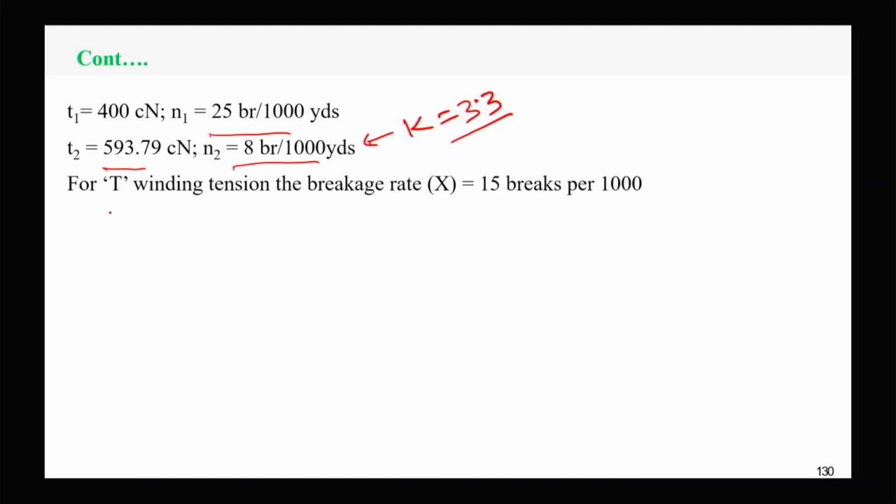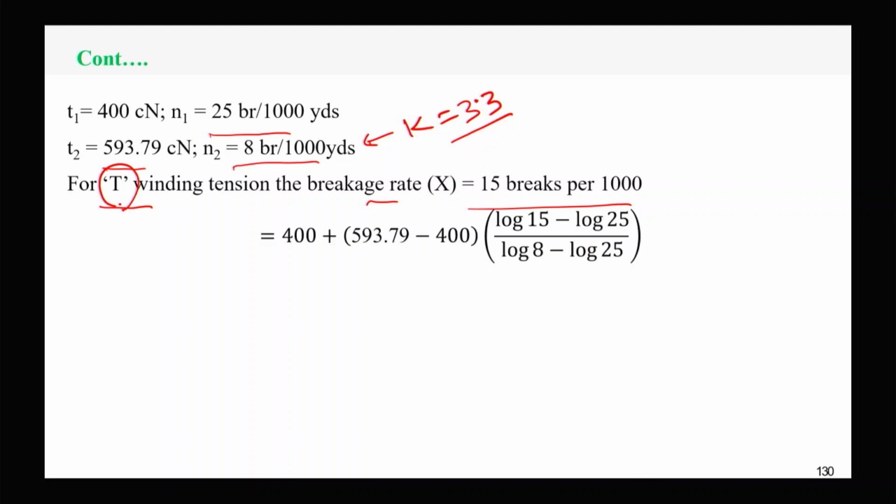And for winding tension T, the breakage rate will be 15 breaks per 1000 yard. So what will be the winding tension? This will be T1, T2, T1.